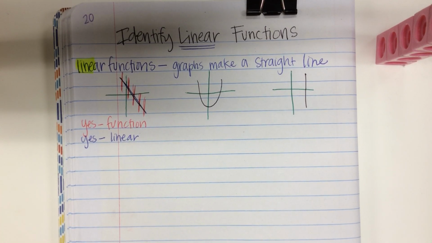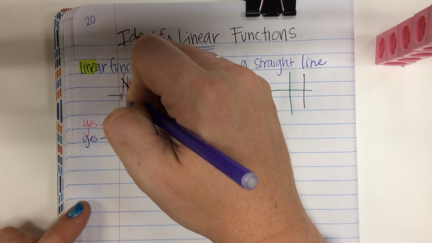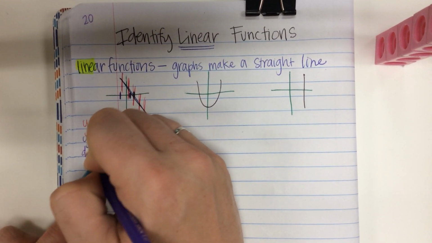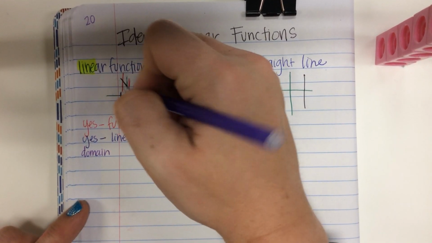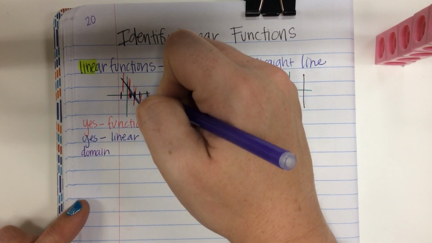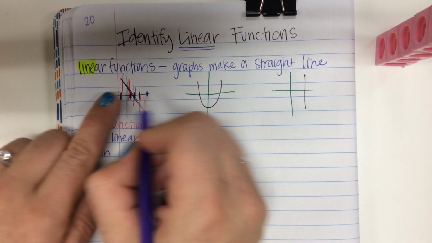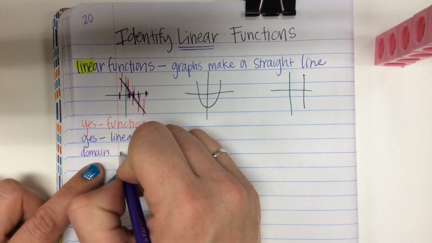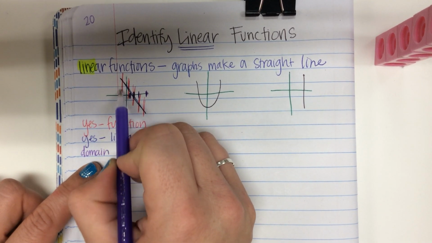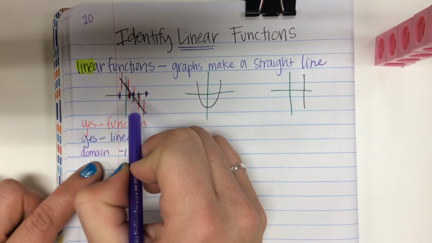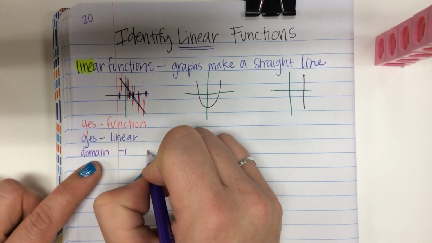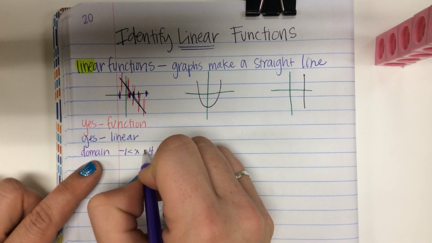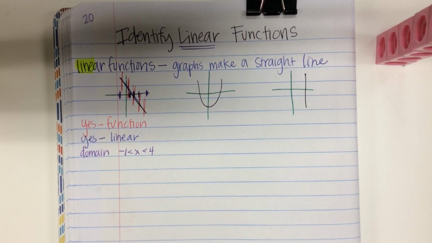We can even go a little bit further. If I put some marks on it, the domain, the x values in this graph, the domain is from -1 to +4. So I can say the domain is from -1 to +4.